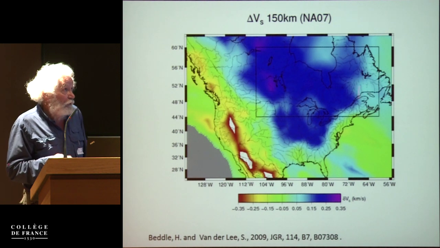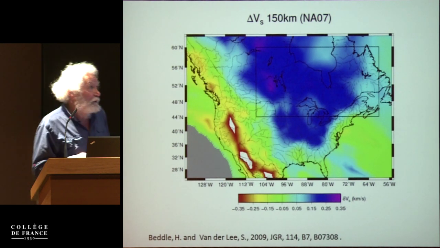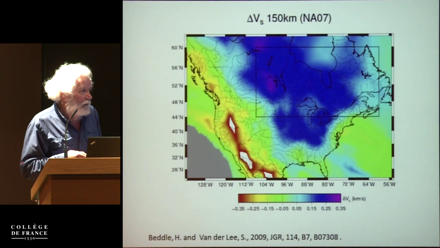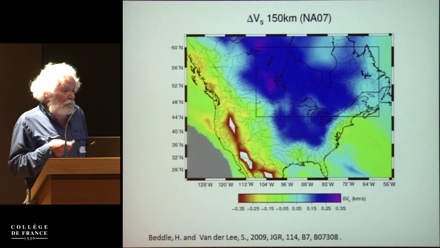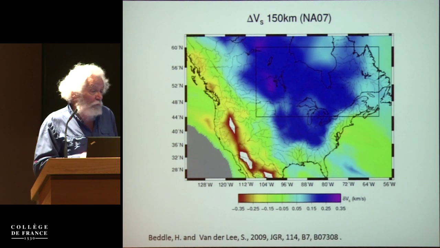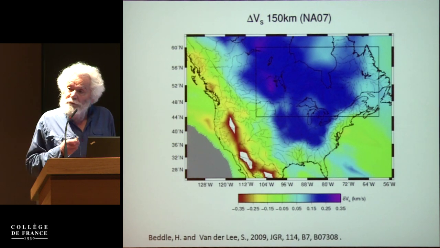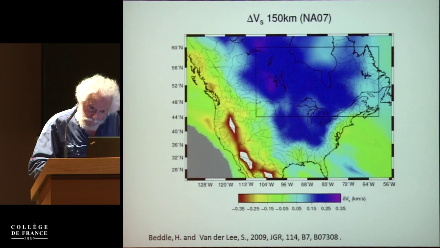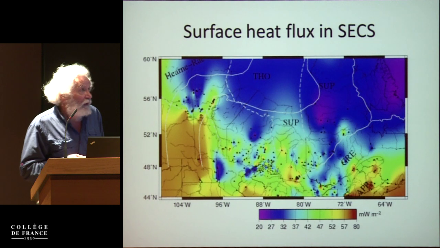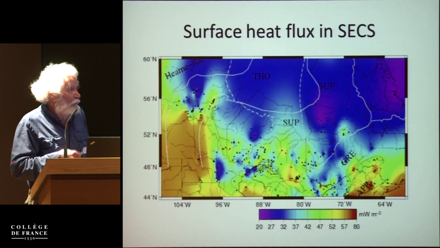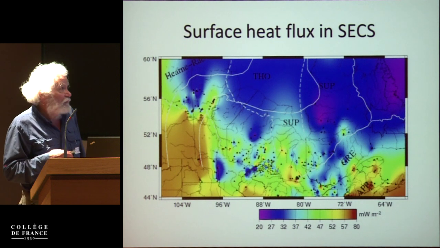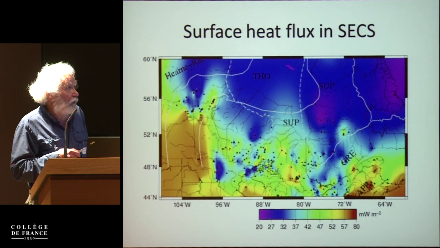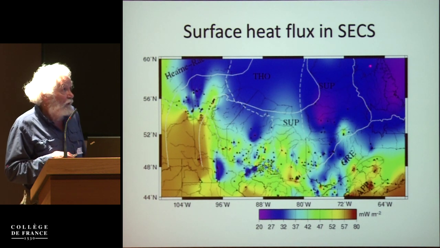Okay? You see, there is a good correlation between heat flow and surface wave tomography data. Okay? And we are going to try and use this to better constrain the mantle temperature from the surface wave tomography data. We are going to focus on the southeastern Canadian shield, as I said before, and this is the map of the surface heat flux in the southeastern Canadian shield.